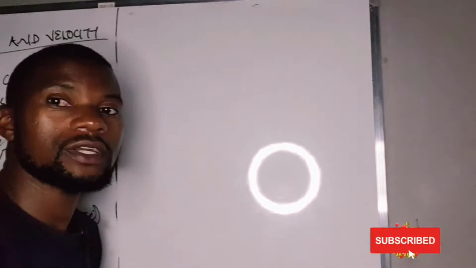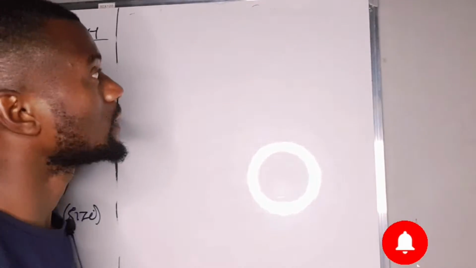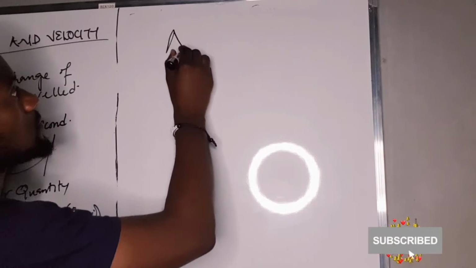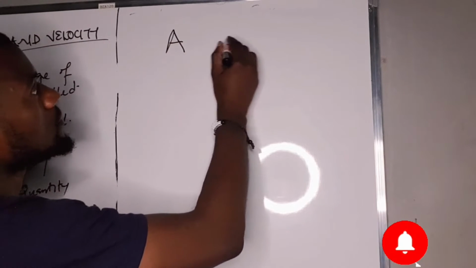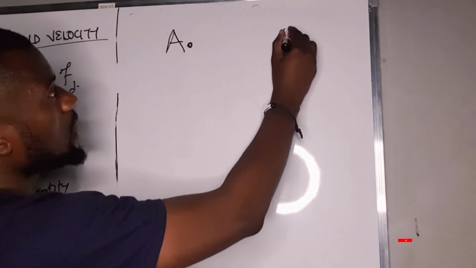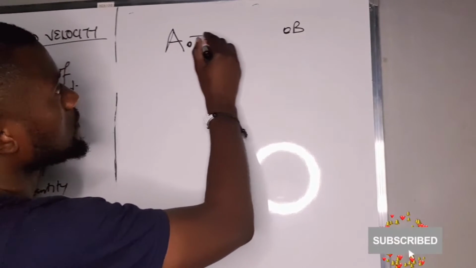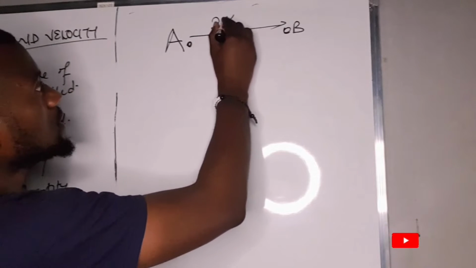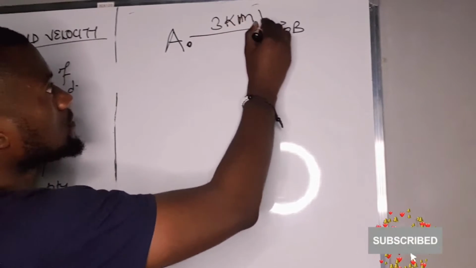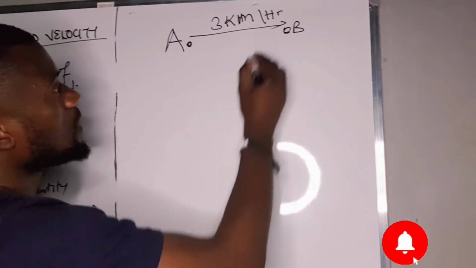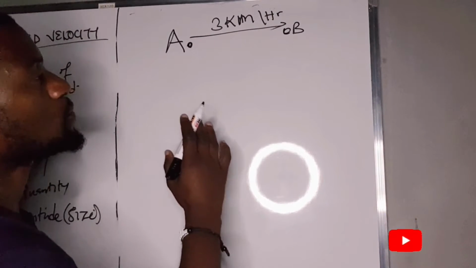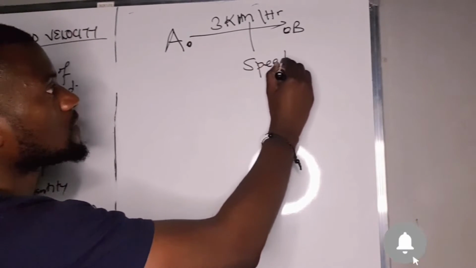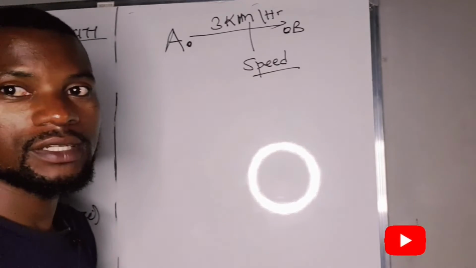So let's try to look at this example. If we have a moving object from point A to point B, and this object is moving at 3 kilometers per hour, so initially what we have here is the speed of this particular moving object.